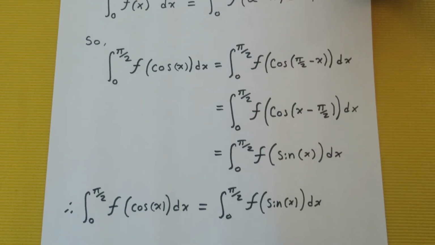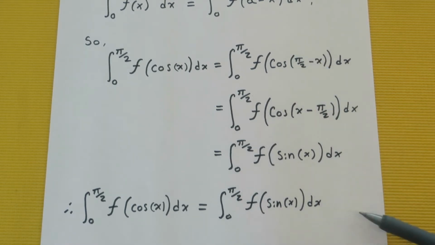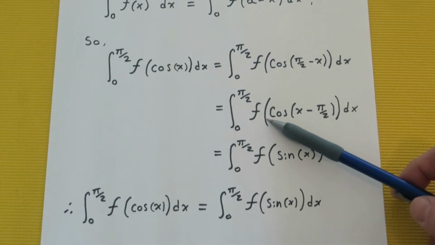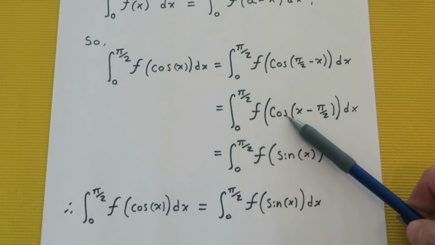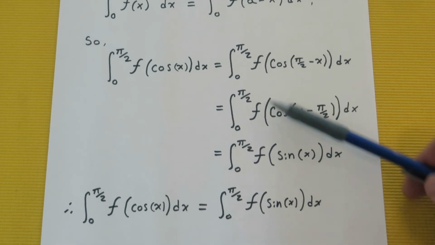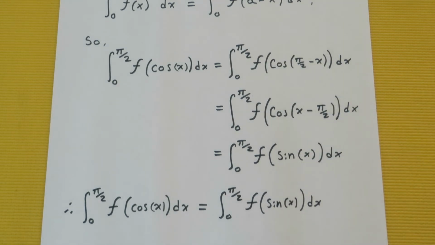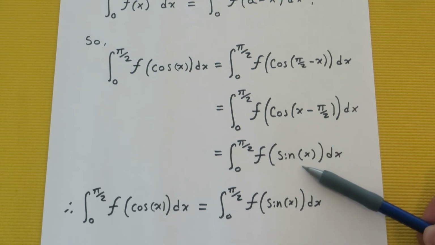Well, just by our trig identities, we can swap the pi over 2 and the x around, by virtue of the cosine function being an even function about the origin. So f of cosine of pi over 2 minus x is the same as f of cosine of x minus pi over 2. And when you plug it into the integral, that's also the same. But cosine of x minus pi over 2 is just equal to sine of x, so we're back where we started.